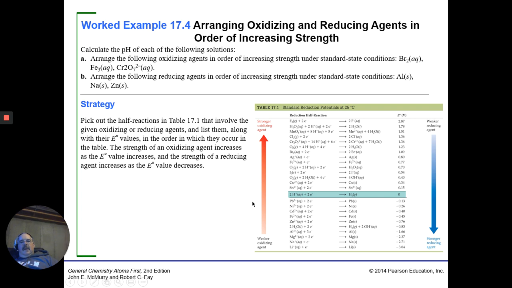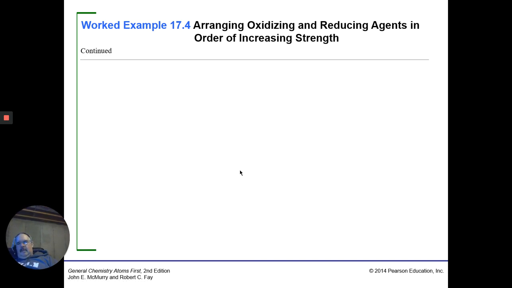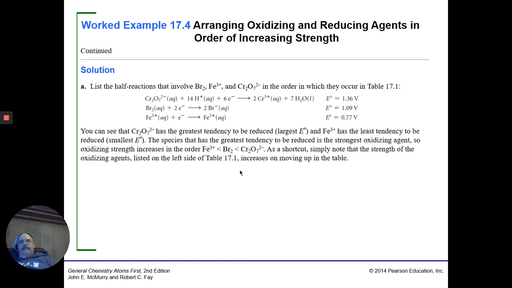Okay, now when an oxidizing agent participates in a reaction, okay, the key word is agent. It oxidizes something else, but in the process, it gets reduced. Okay, so the more positive the potential, the stronger the oxidizing agent we have.